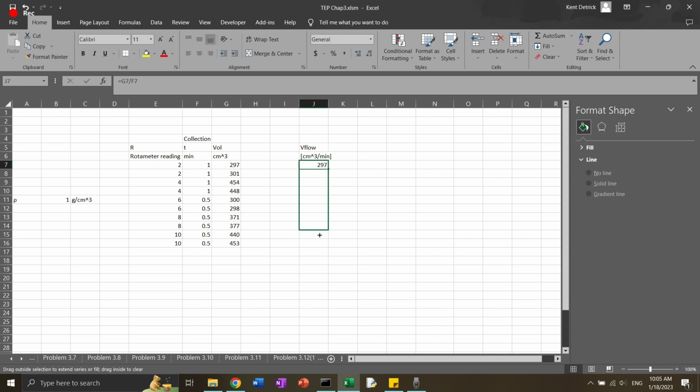So that is our volumetric flow rate, and then our mass flow rate is the volumetric flow rate times the density. Our mass flow rate units will be in grams per minute, and then we can convert that to kilograms per minute, like it asked for.